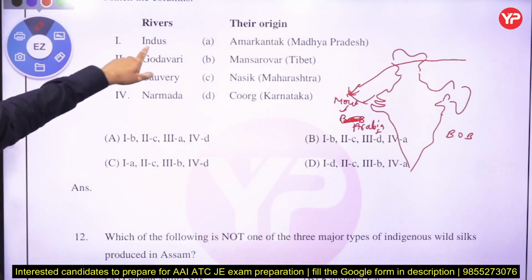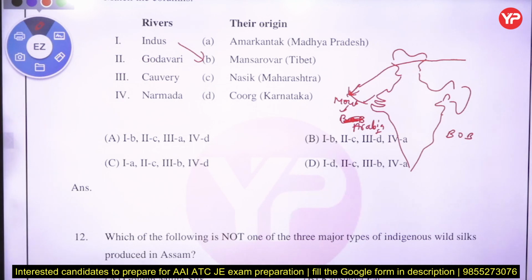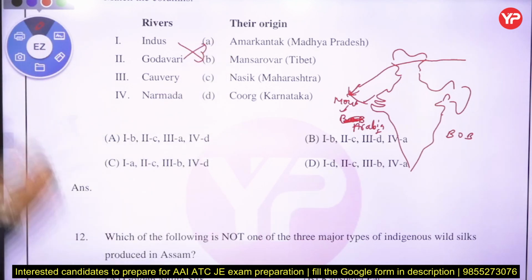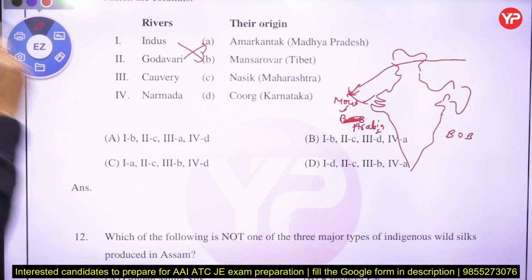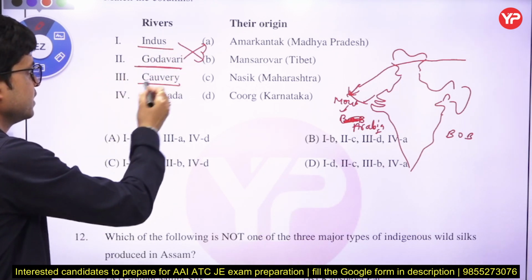So the Indus River basically started from Mansarovar, and the Godavari River starts from Maharashtra. Kaveri is from Karnataka, while Amarkantak Plateau is the origin of the Narmada. So these questions are very important.